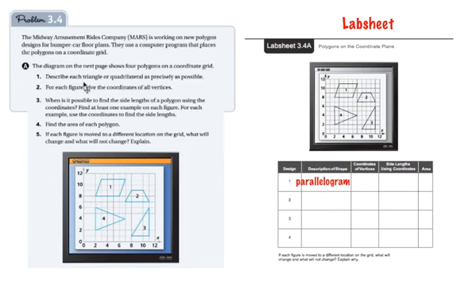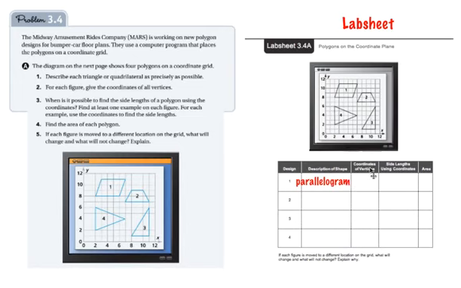The first thing, describe each triangle or quadrilateral as precisely as possible. Over here you can see that I'm looking at figure 1, and I'm trying to figure out what kind of figure that is. Keep in mind it has 2 sets of parallel lines. So I'm thinking, oh, it's a parallelogram. So over here in my table, I'm going to fill in parallelogram.